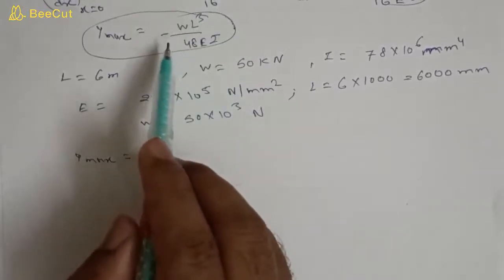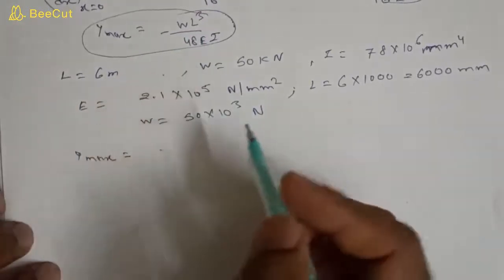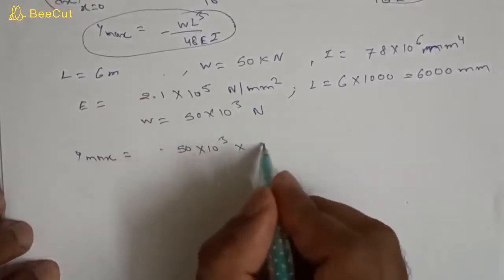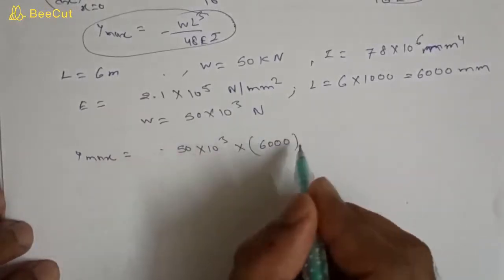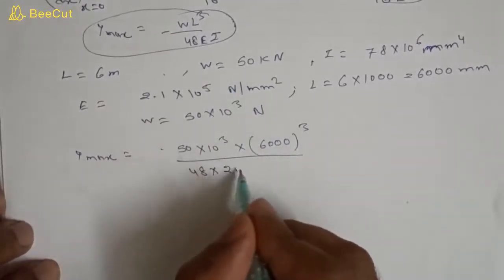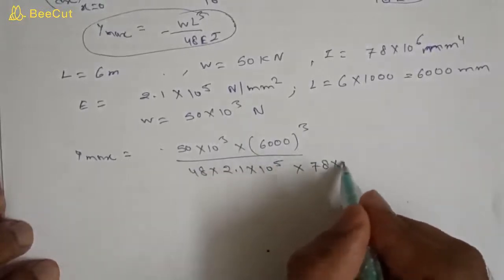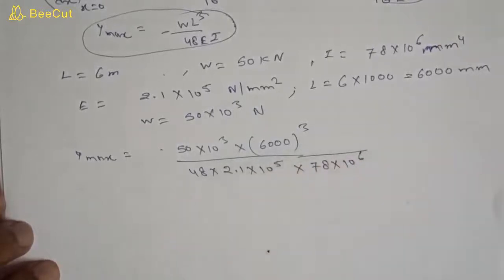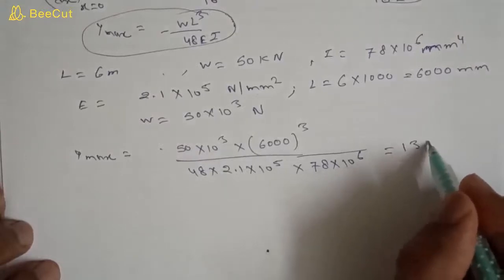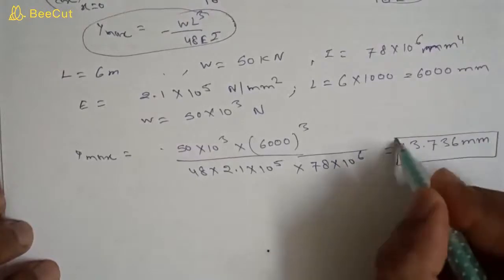We will leave the sign because it is downward, so we will directly show how much deflection is downward. So W is 50 x 10^3 into L is 6000 cubed divided by 48 into E is 2.1 x 10^5 into I is 78 x 10^6. If you calculate this, you will get 13.736 mm. So this is the maximum deflection at midpoint.